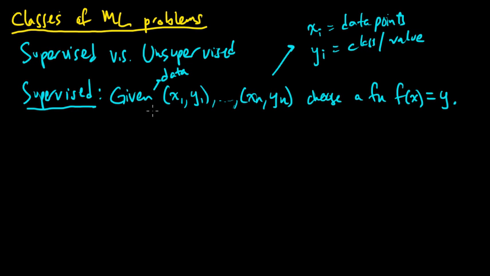But oftentimes, in real-world problems, you get data like this, and you have to do this. So by making certain assumptions, you can try to do the best you can.